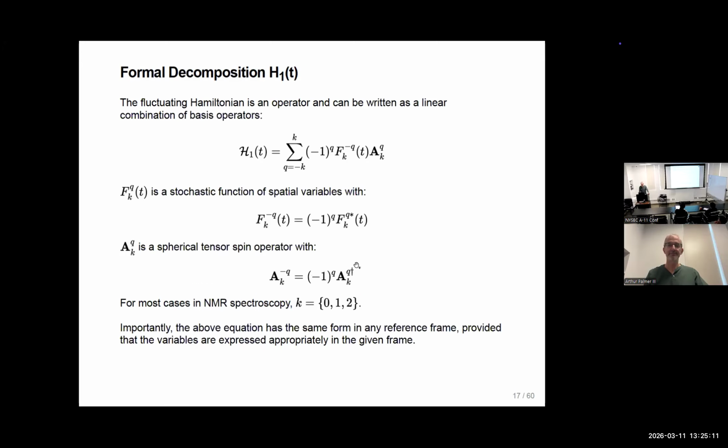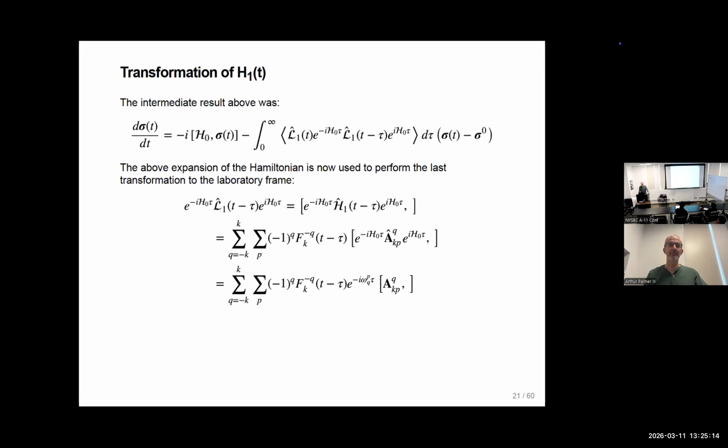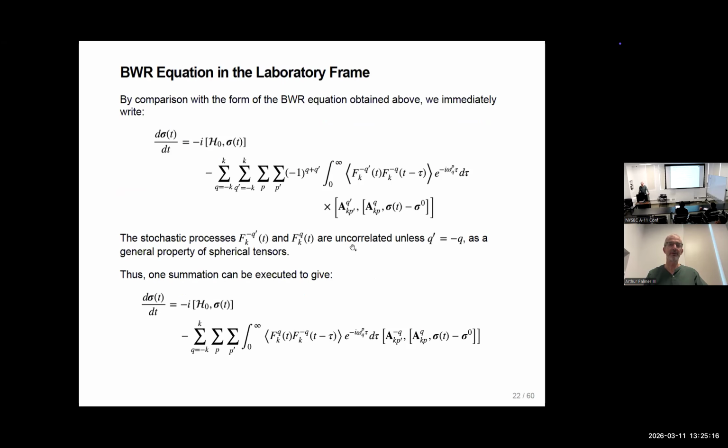So substituting everything in, we end up with a double sum over Q and Q prime, and a double sum over P and P prime. We have the double commutator now of the operators, because the spatial tensors are just numbers. So they can come out of the commutator just like multiplication factors. So we have this part of the expression of the double commutator, and we have this.